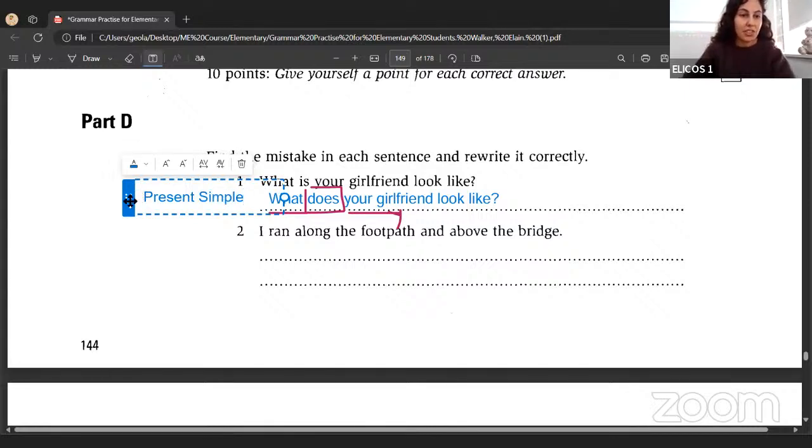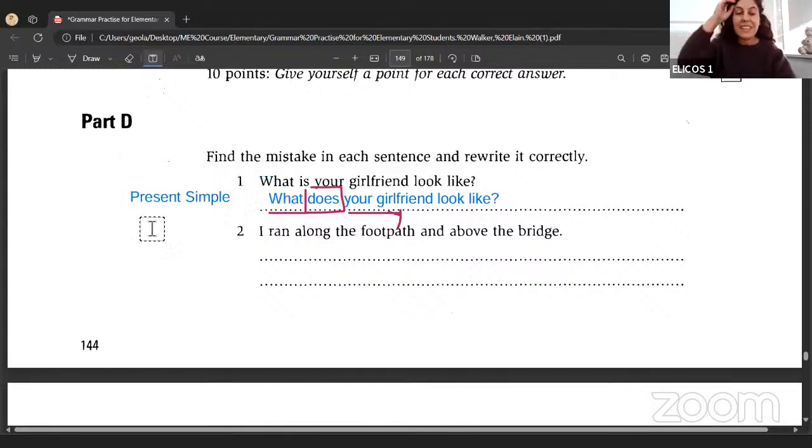It's just a present simple question. So what does, because the subject was he, she, it. So if I'm going to ask you, what do you do for a job? What do you do for work? What do you study? What do you do?